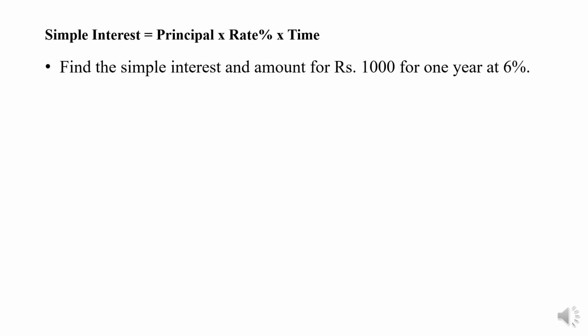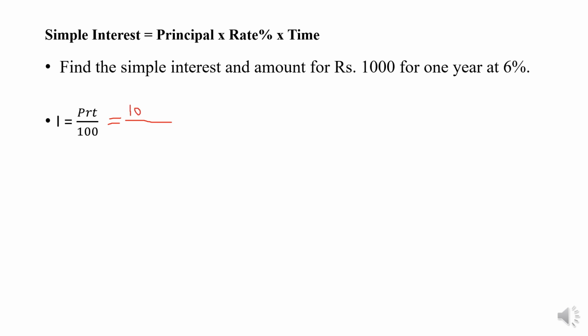So the example is: find the simple interest and the amount for rupees 1000 for 1 year at 6%. For this we use the formula I equals P into R into T divided by 100, and we simply put the values in this formula to find the simple interest, where P is the principal amount and the P value is 1000.